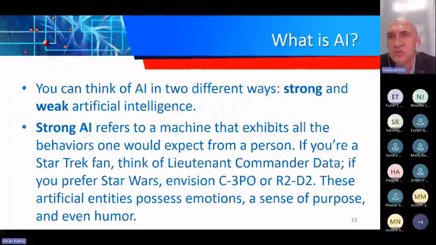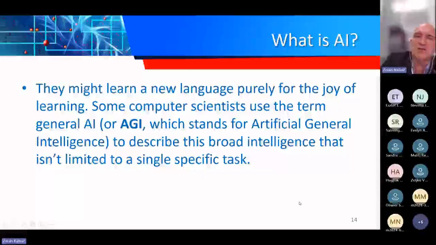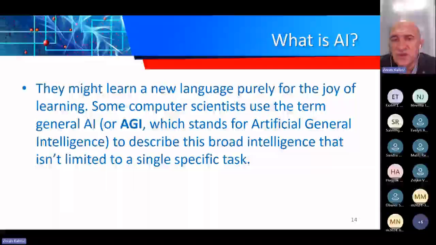You have some robots that have feelings, have emotions, they have a sense of purpose, and they can laugh, they can read books just to entertain themselves, and that is something that we still don't have, but that is something that computer scientists call artificial general intelligence, or AGI. So this concept is used to describe broad intelligence that can solve many different tasks, and that has the characteristics of a real human.